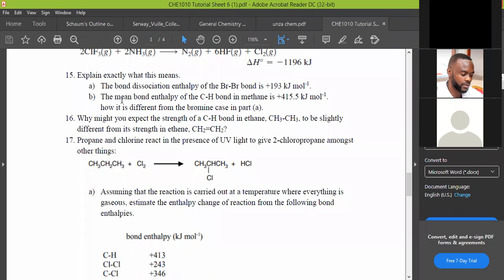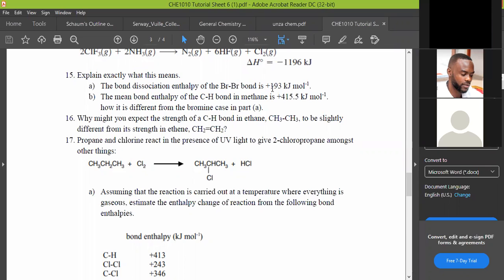Explain exactly what this means. Okay, so here they want you to start doing explanations. The bond dissociation enthalpy of bromine is 193 kilojoules per mole. So what does this statement mean?